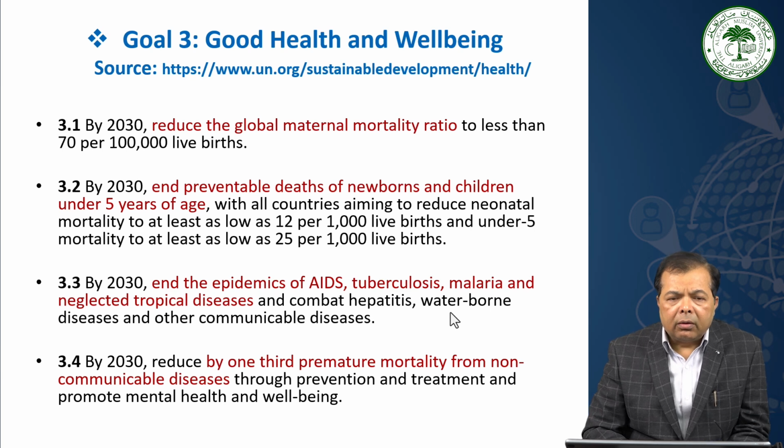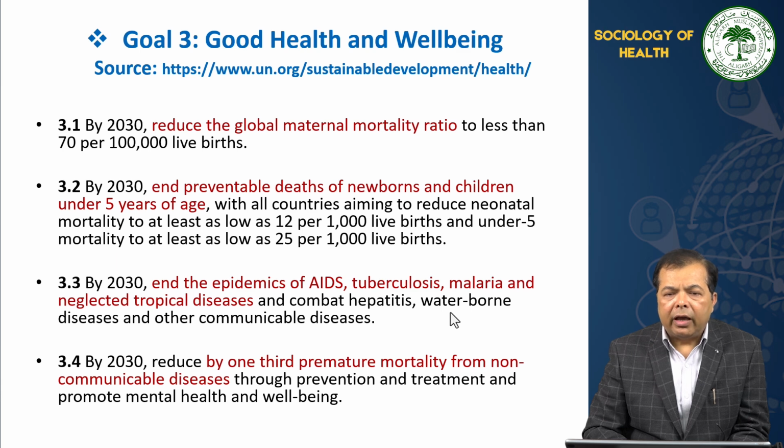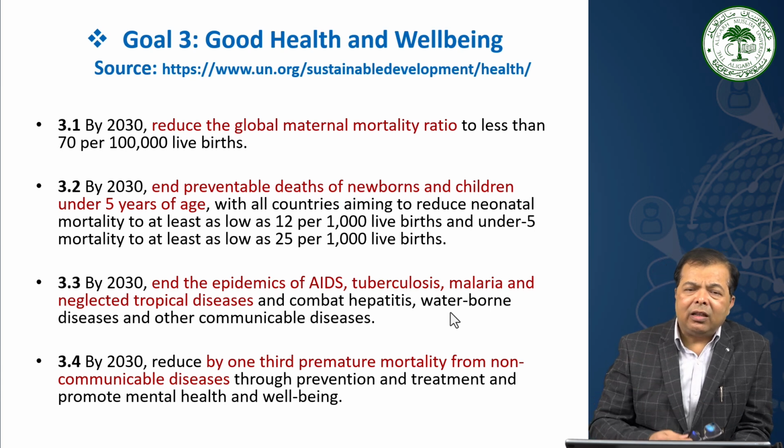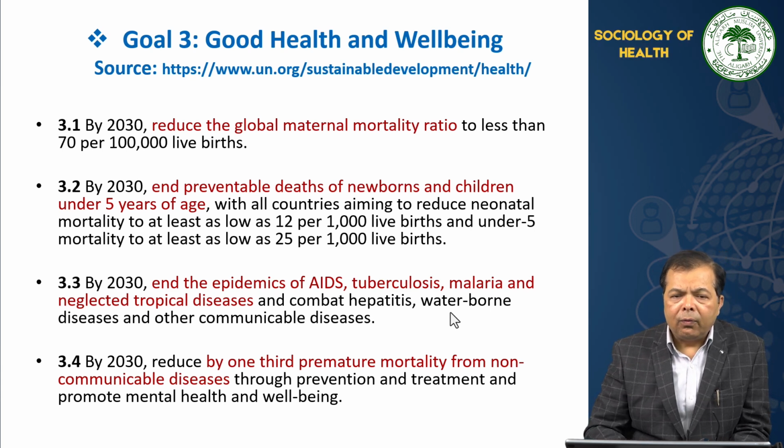Then the third goal is also talking about, by 2030, ending the epidemics of AIDS, tuberculosis, malaria, neglected tropical diseases, and combating hepatitis, waterborne diseases, and other communicable diseases. As we discussed in the Millennium Development Goals, we are given specific goals related to AIDS, tuberculosis, malaria, and here you find mention of neglected tropical diseases also, right?